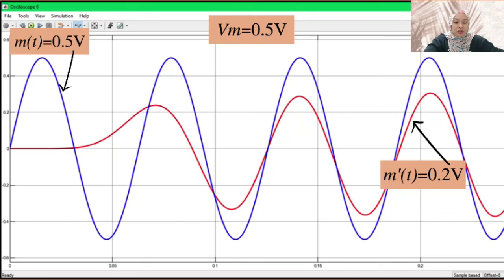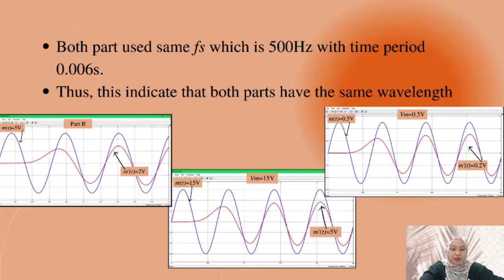While for amplitude 0.5 volt, the analog modulating signal is 0.5 and the resultant recovered modulating signal is a bit above 0.2. The value of Fs used in both parts is the same, which is 500 Hz, and the value for period is 0.006 second. Thus, this indicates that both parts have the same wavelength.